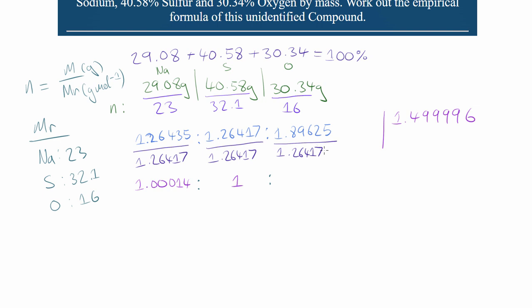And when we do that rounding, we simply get 1.5000.